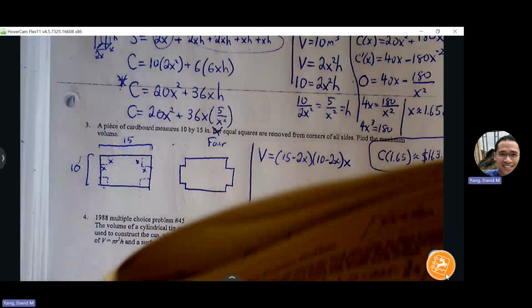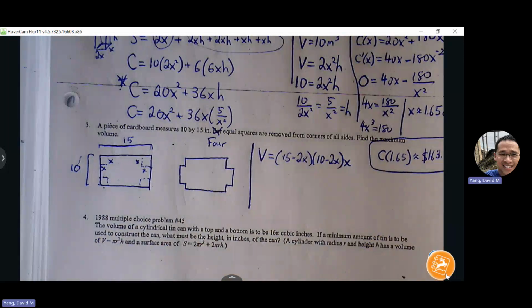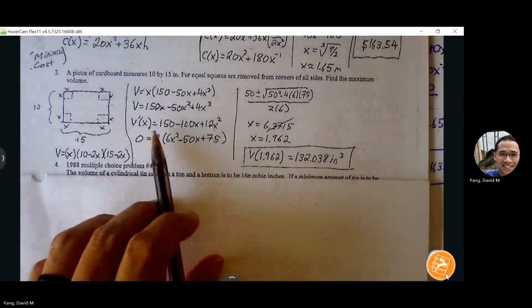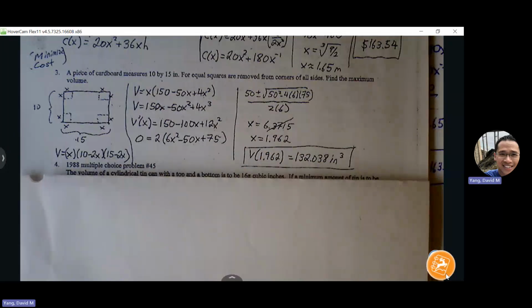And sorry, this one does have an extraneous solution. The other ones we don't have to worry about. This is the only one. So this cleans up all the way to 150x minus 50x squared plus 4x cubed. Quadratic formula, we get 2 different solutions. 6.3 is out of the realm of possibility, but 1.962 is okay.